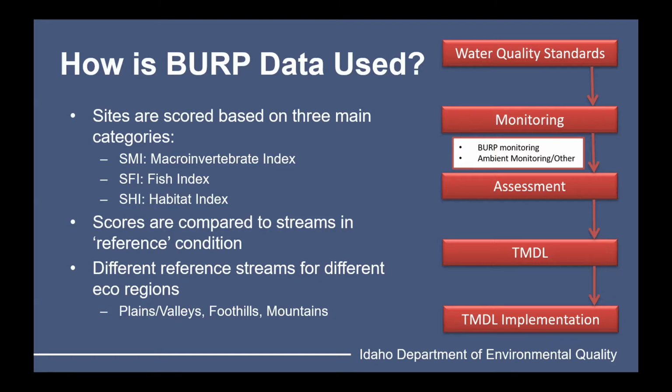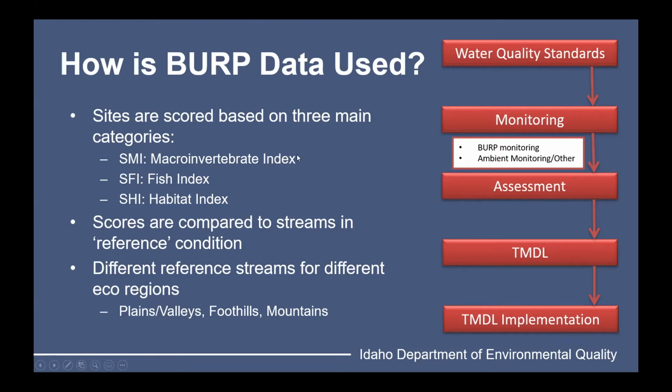So our scores are based on these 3 main categories. We've got our macroinvertebrate index, the fish index, and that habitat index. So for macroinvertebrates, it's a complex weighted system, but what we're looking at is specific species that are known to be cold water obligates. They absolutely need cold water to thrive.